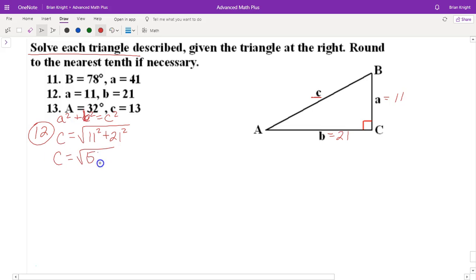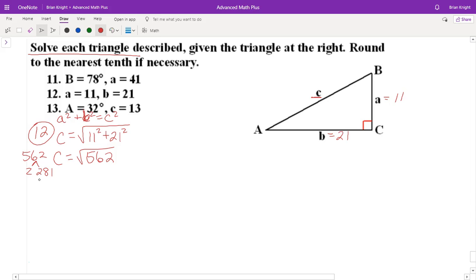Square root of 562. Let's see here. 2 will go into 562 how many times? 281. Oh, wait. You know what?